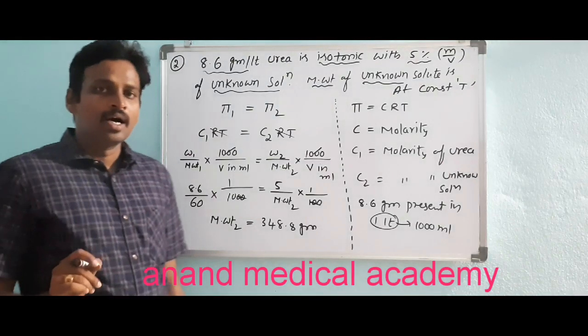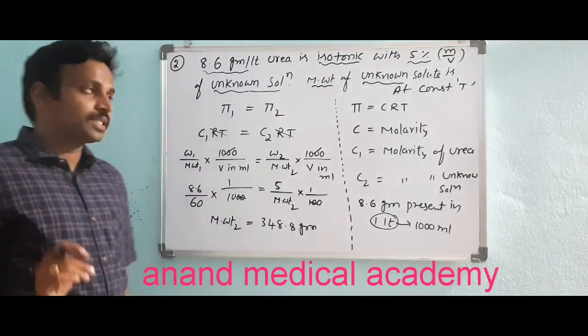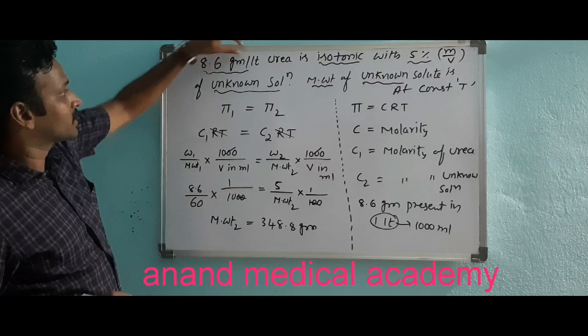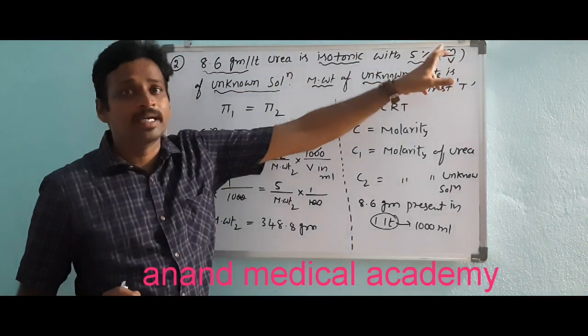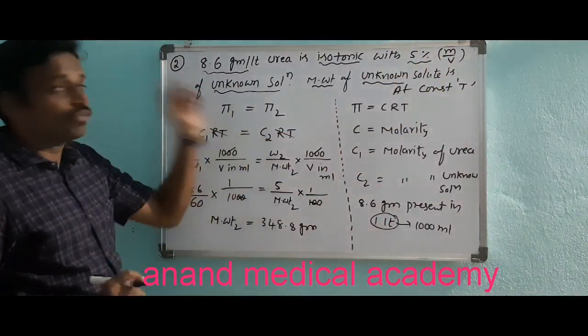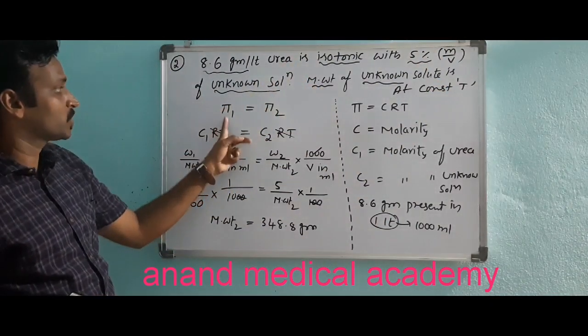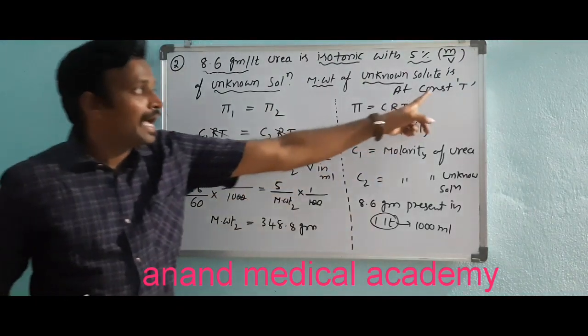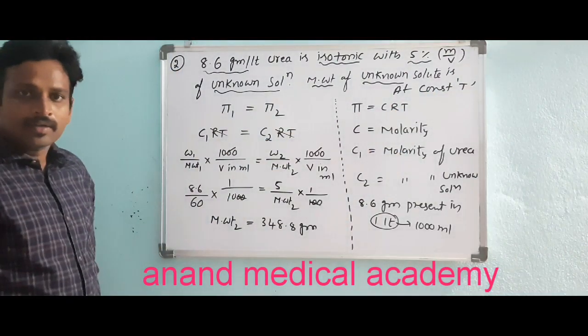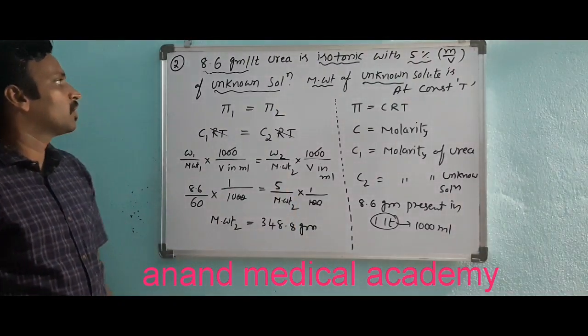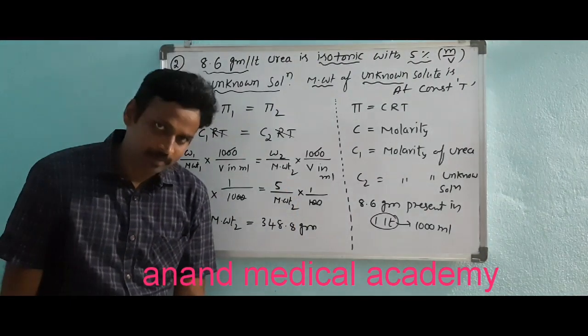I'm repeating that 8.6 grams per liter urea is isotonic with 5% mass by volume of unknown solution. Isotonic means pi 1 is equal to pi 2 at constant temperature. RT cancels. Got it? So this is about our second numerical.